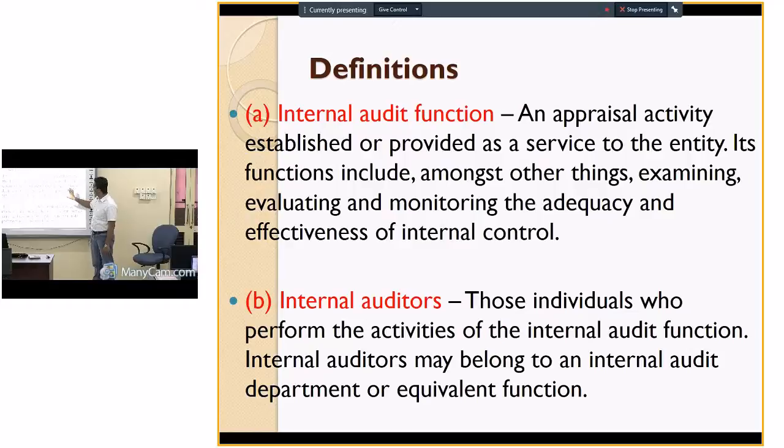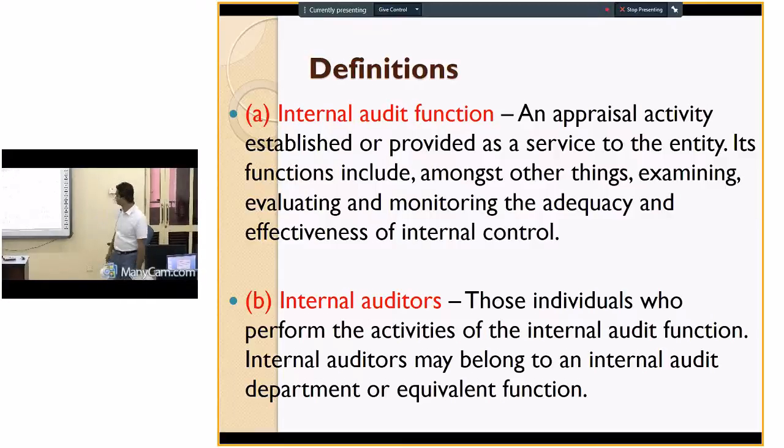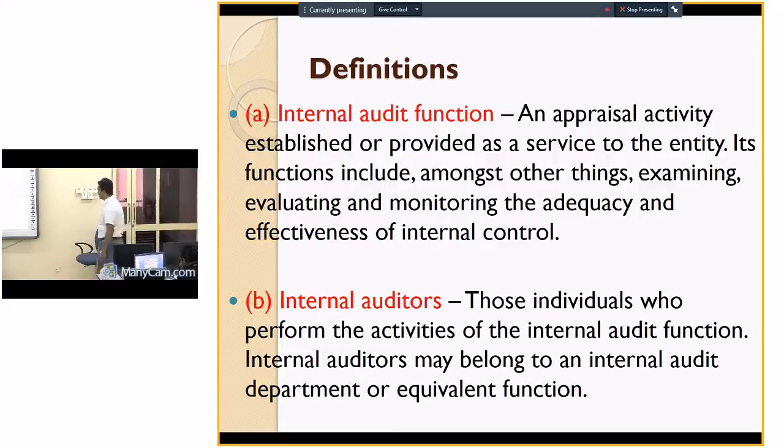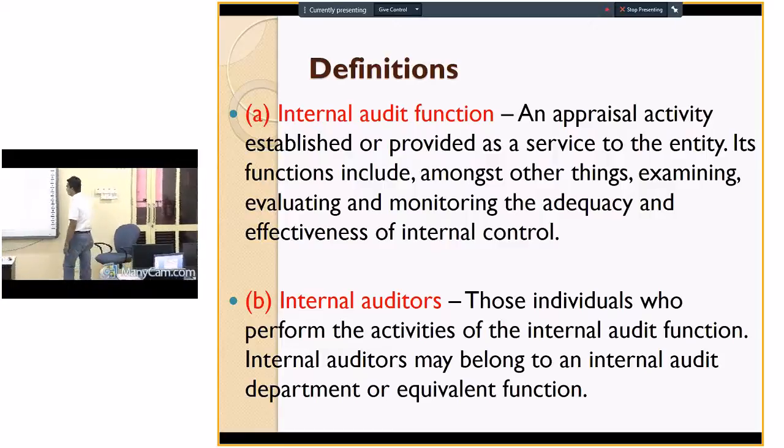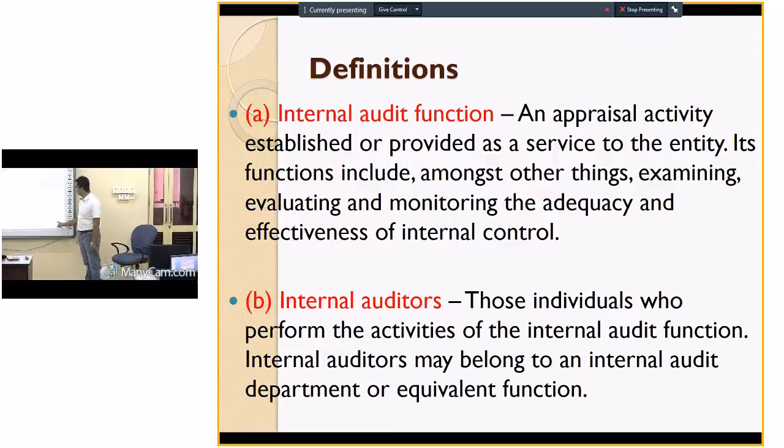Its functions include, amongst other things, examining, evaluating and monitoring the adequacy and effectiveness of internal controls. That's what we discussed. Right? The internal auditors are those individuals who perform the activities of the internal audit function. Internal auditors may belong to an internal audit department or equivalent function.